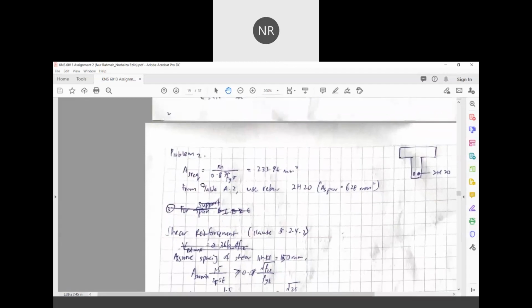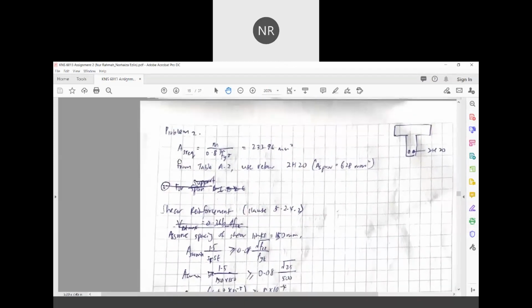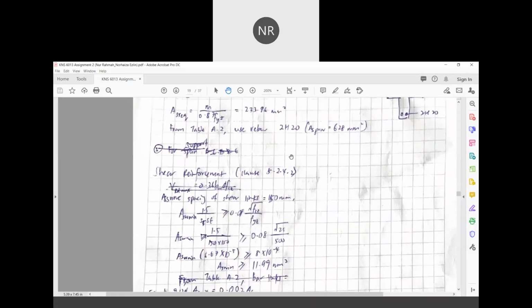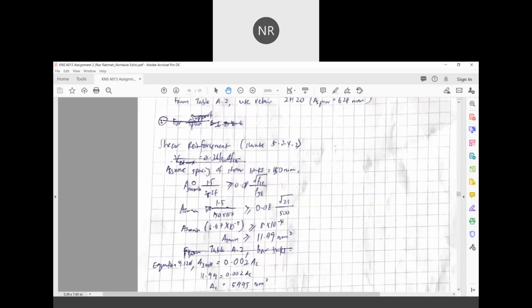Through the calculation, you can get the area required as 233.96 millimeter square. And then from the table, you can use 2H20, with the area provided as 6 millimeter square. So the next step is to get the shear reinforcement.